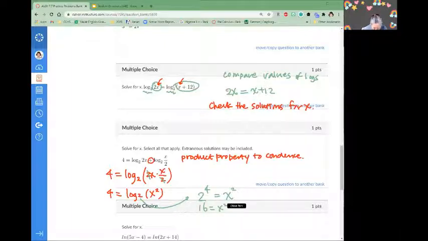Then we can take the square root of both sides, and it's going to give us x is plus or minus 4 here, right? Plus or minus 4. But you always have to check back. So let's check back with these answers.